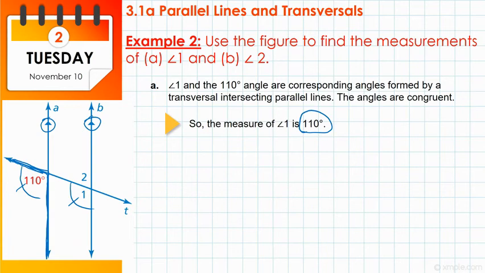We know that angle 1 and angle 2 together form a straight line or a straight angle. Therefore, they are supplementary. Supplementary angles we know equal 180 degrees. So angle 1 plus angle 2 equals 180.